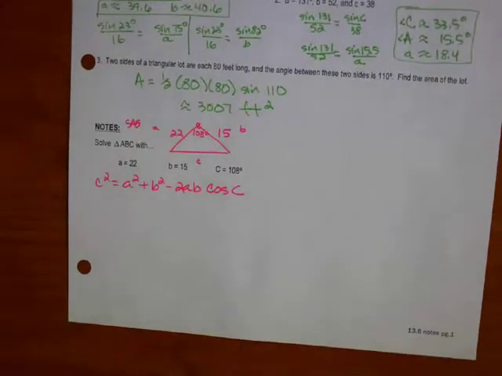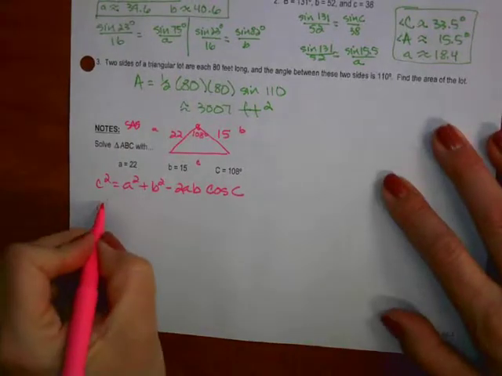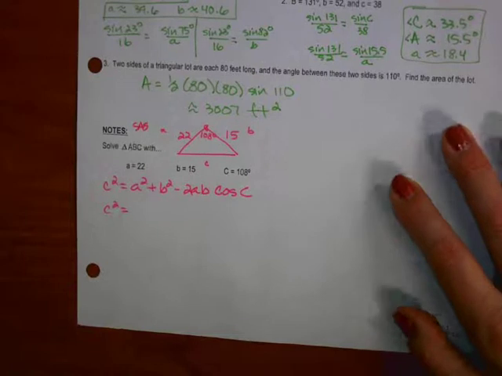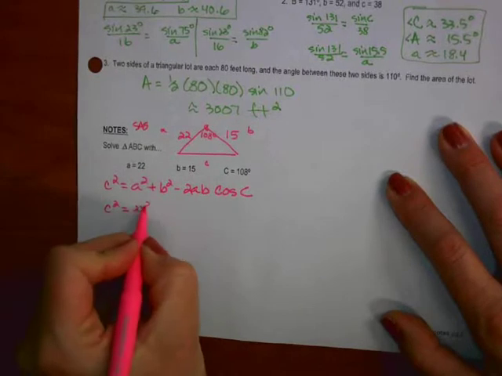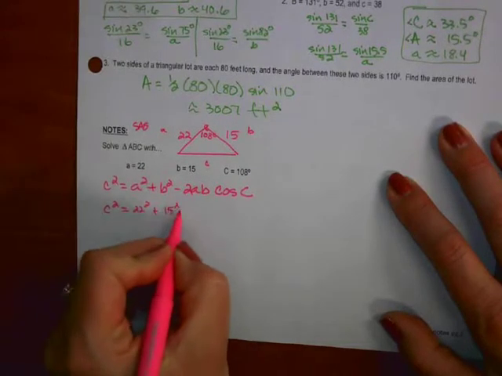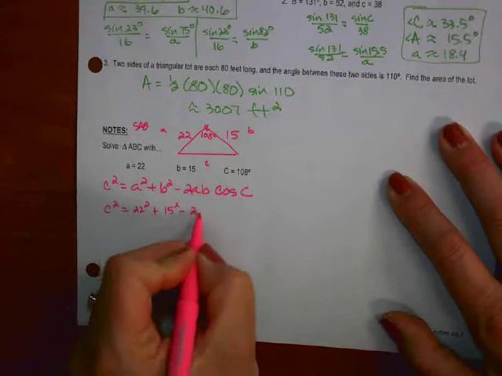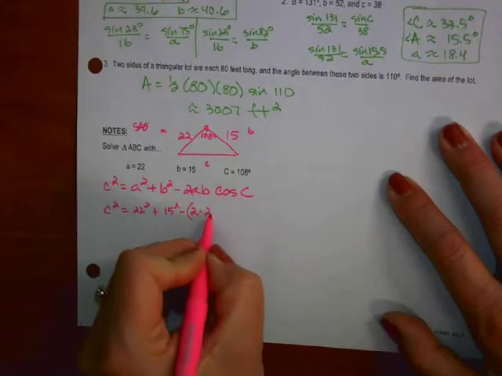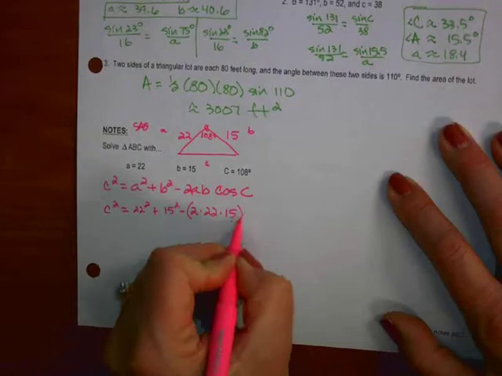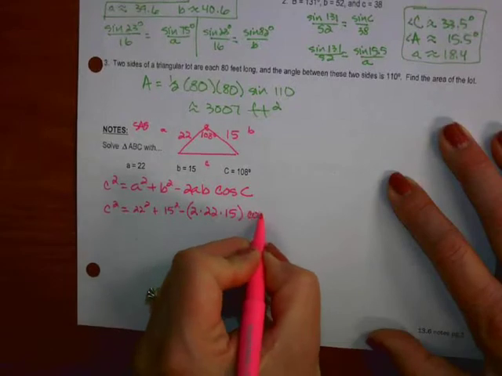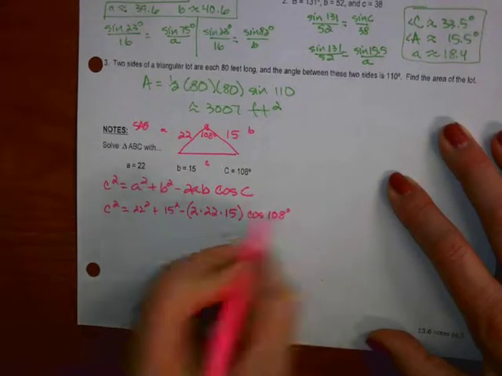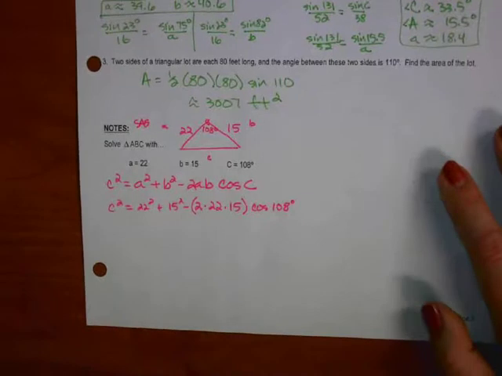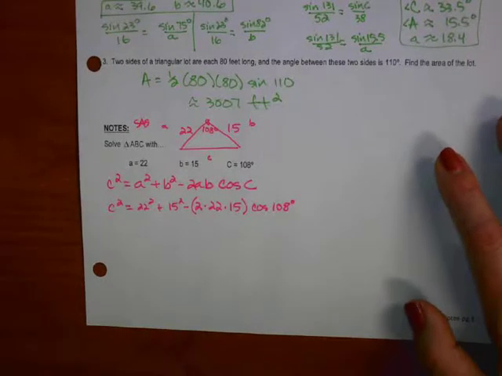And then I just plug in what I know. So I don't know C. And A is 22 squared plus 15 squared minus 2 times 22 times 15 times the cosine of 108 degrees. And then you got a big old thing that you just plug in the calculator.